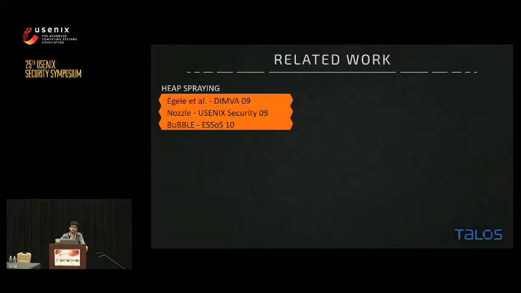So in the last decade, the spraying phenomenon has been studied a lot by different researchers and from different perspectives. Now I'm going to talk a little bit about the related work for the defensive solutions. We have a couple of good papers about possible defensive solutions for heap spraying. For instance, we have Nozzle, we have Bubble, that are different approaches, but all these approaches are application specific, so they just work, for instance, for one specific browser, or sometimes they only work for a specific JavaScript engine.